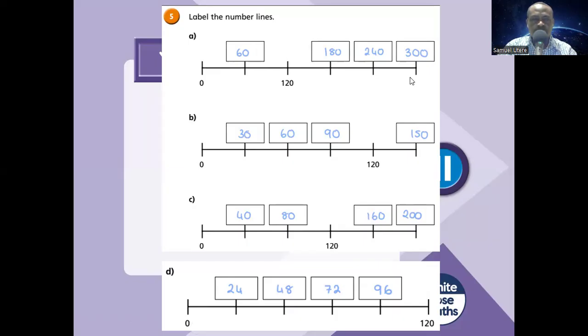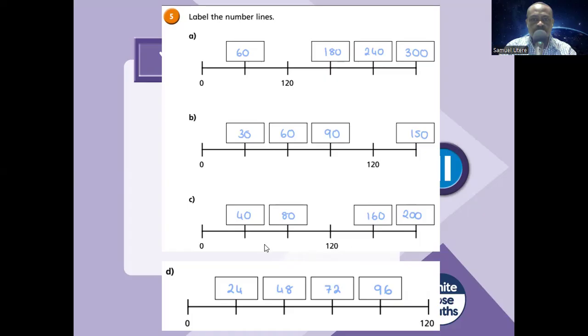Here we have this. We have 1, 2, 3, 4. We have 4 intervals. And then the difference between 0 and 120 is 120. We can divide 120 by 4 to get the value of each interval. And then we can use that information to complete the number line.